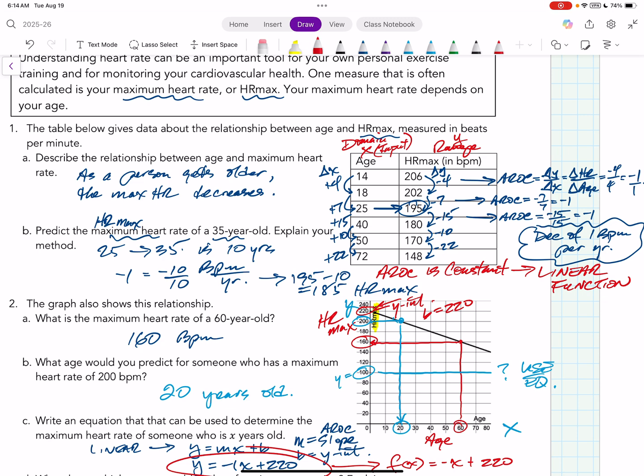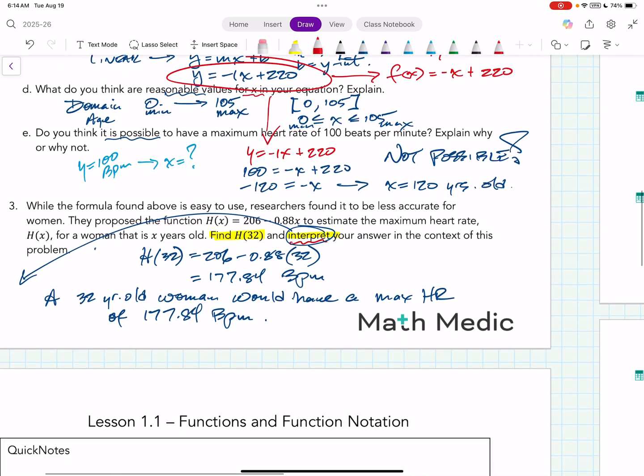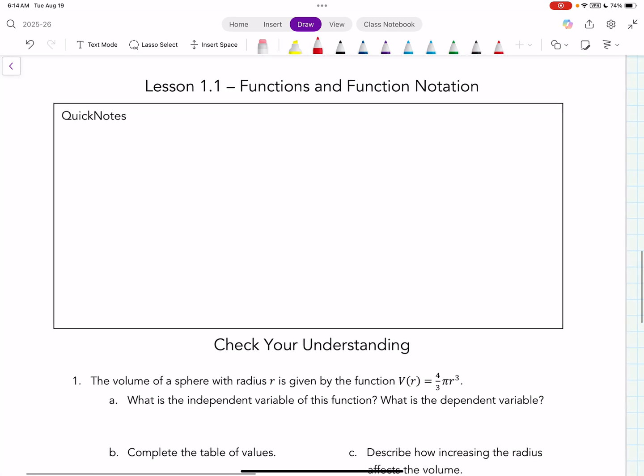Learning target number 1: the average rate of change in general is delta y divided by delta x. And if it's linear, the average rate of change is constant.